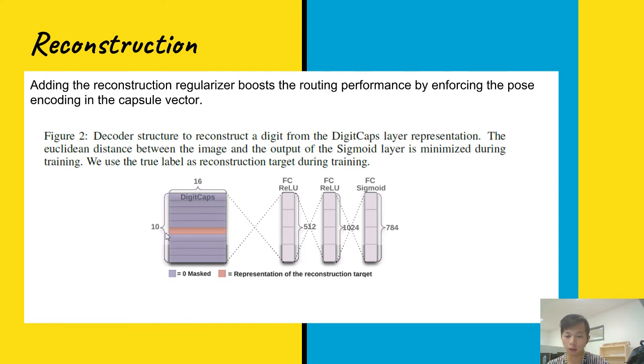The output is a 16-dimensional capsule vector, and from this vector they reconstruct the image, which means that this vector should contain all the information like rotation, location, orientation, etc. So that's how it can enforce the pose information in the capsule vector.